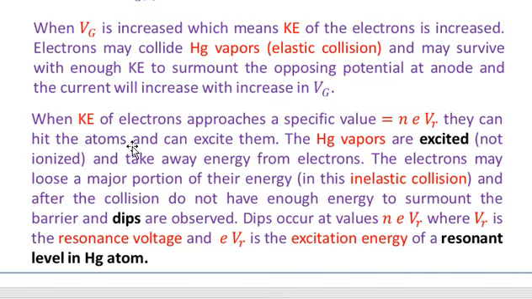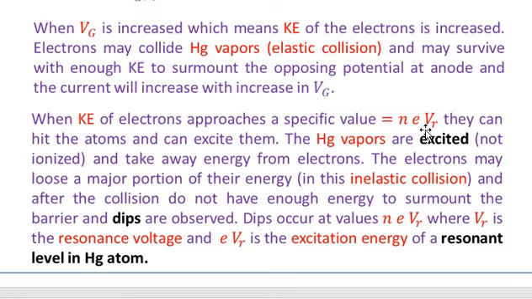So let me read again. When the kinetic energy of electrons approaches a specific value equal to n times EVR, where EVR is the energy which corresponds to the resonance level in the mercury atom, and n takes only integer values, then EVR becomes a discrete value of energy.